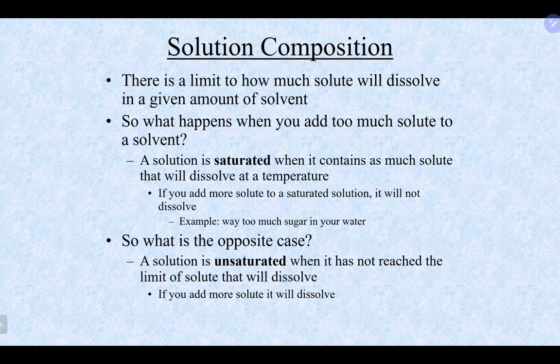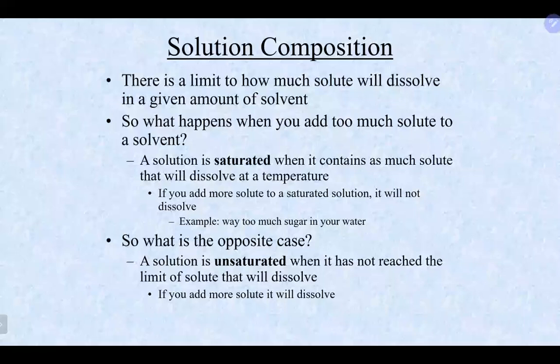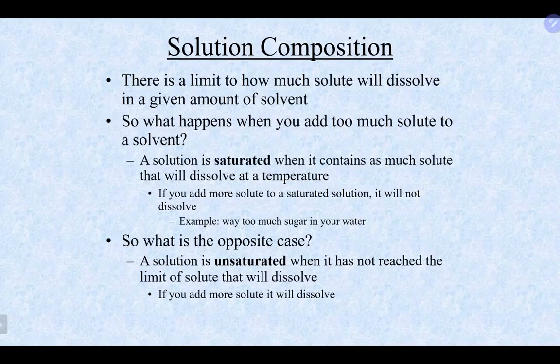So when we have the maximum amount of solute that will dissolve in a solvent, that is what is known as a saturated solution. The saturated solution is that point where you've hit exactly, at that particular temperature, how much solid will dissolve, which means if you continue to put solid in at that point, it will not dissolve. It'll just start piling up on the bottom.